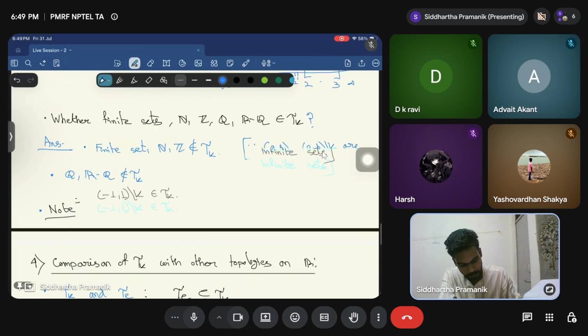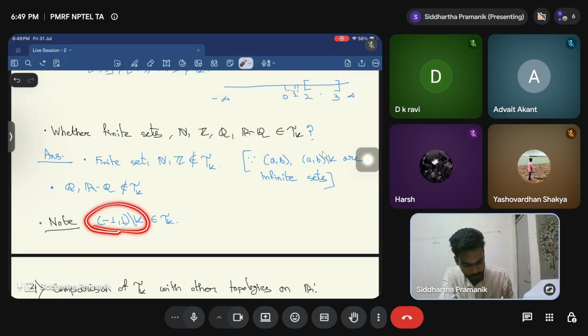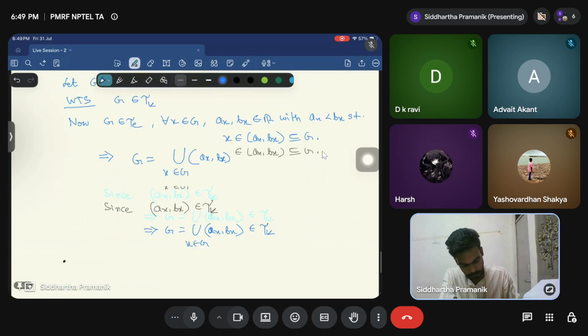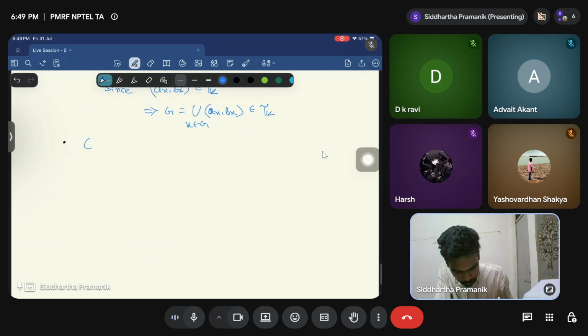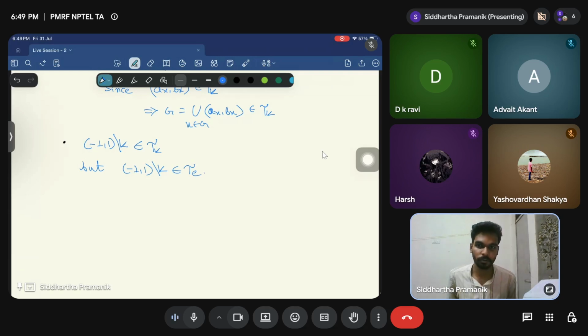Note that this set is an element of tau k, and you can prove that it is not in tau e. The open interval (-1, 1) with k subtracted is an element of tau k, but it is not an element of the usual topology. Can you see why it is not an element of the usual topology?